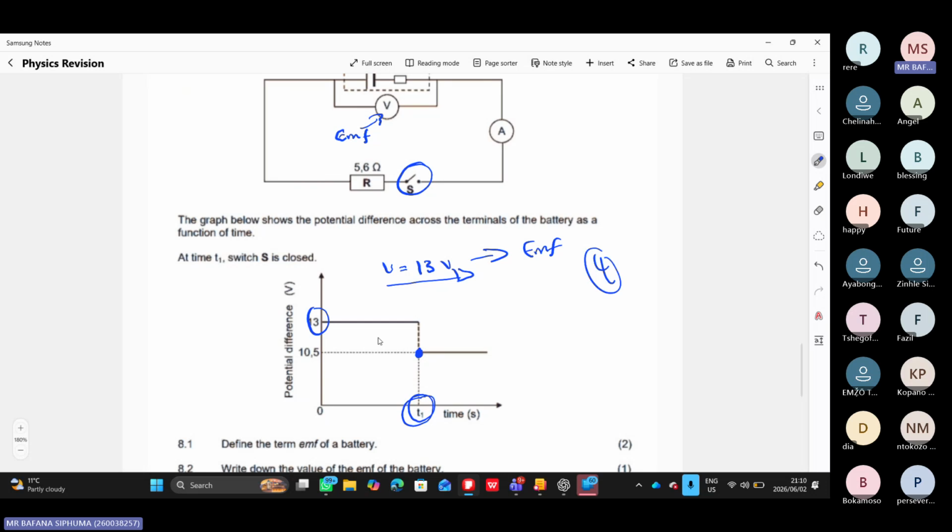And then when it is closed at T1, the voltage decreased to 10.5. My voltage was now 10.5. Which means what happened? Some of the voltage was stolen by what? By the internal resistance. So my lost voltage is going to be 13 minus 10.5. And what is the answer for this one?